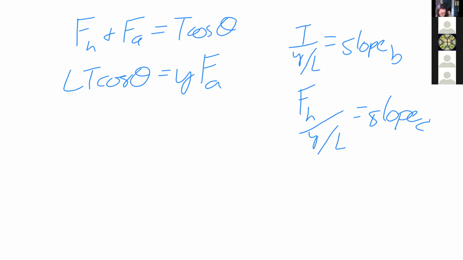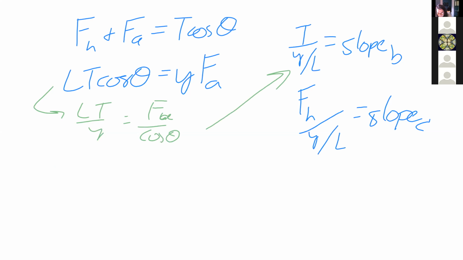Oh, okay, I see. LT on y is equal to, okay, this is what I was just working on. LT on y is equal to f sub a on cosine theta. So this will give us a value for f sub a on cosine theta. We can read directly off of the first graph, as I just had.